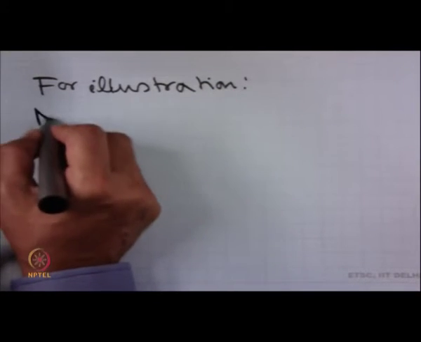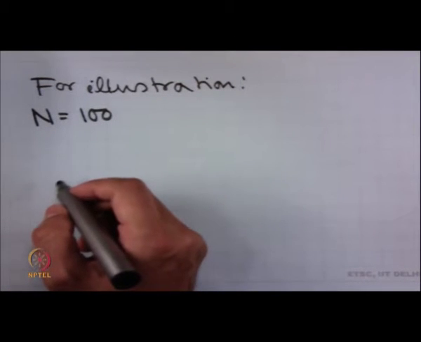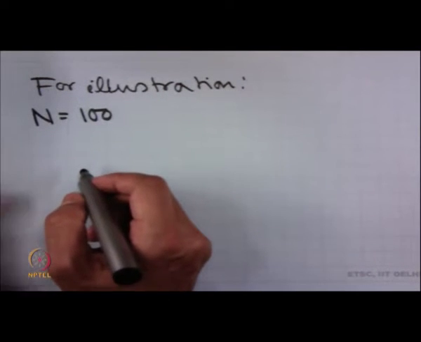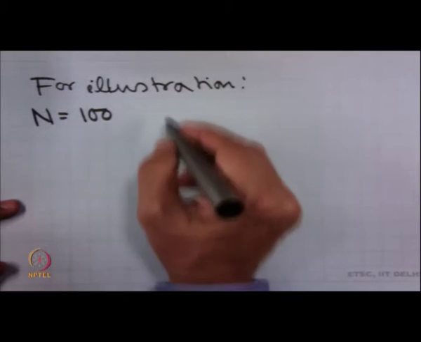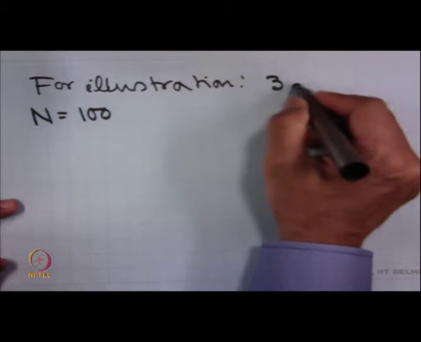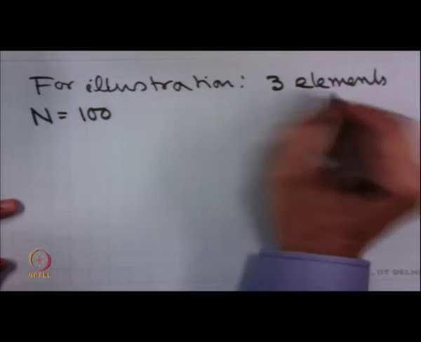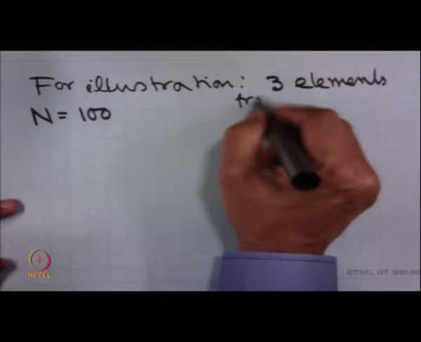Consider n is equal to 100, and I am choosing 3 elements from the population.